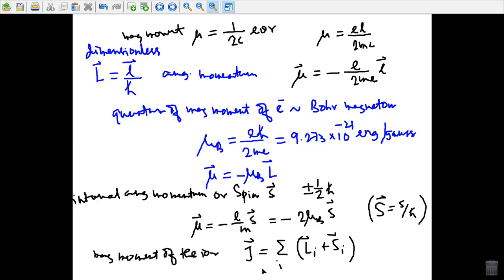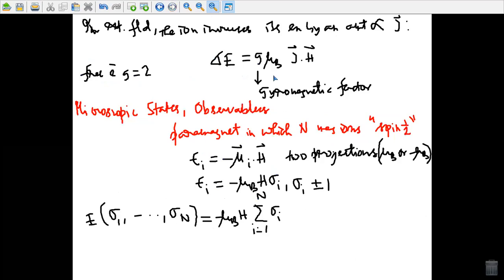So the magnetic moment of the ion is proportional to its total dimensionless angular momentum J equals the sum over i of L_i, with the addition of the spin angular momentum S_i. Moreover, it is possible to show that in an external magnetic field, the ion increases its energy by an amount which is proportional to this total angular momentum J, by delta E equals g mu_B J dot H, where g is a numerical factor of order 1 which is determined by the structure of the atom.